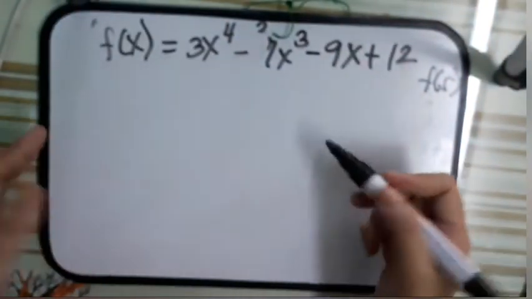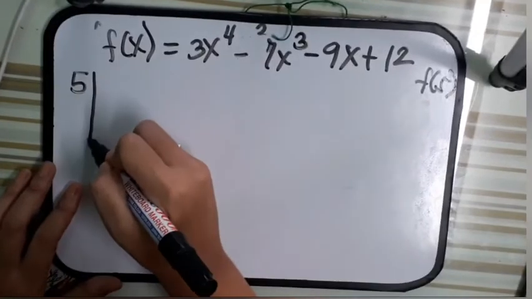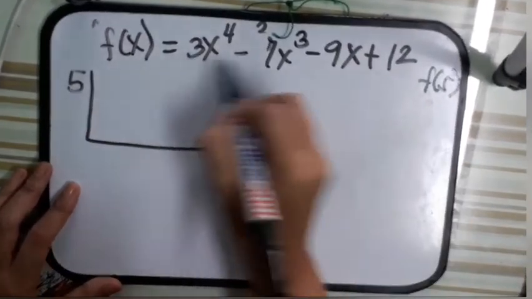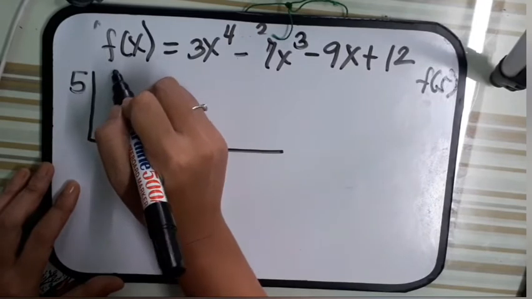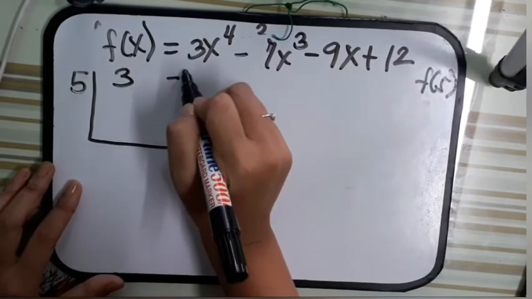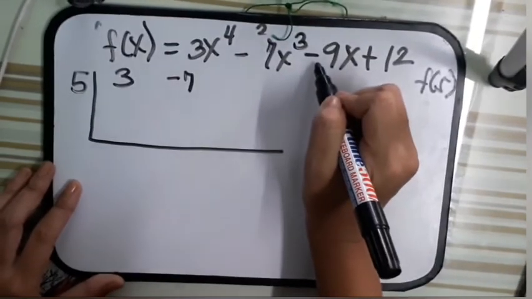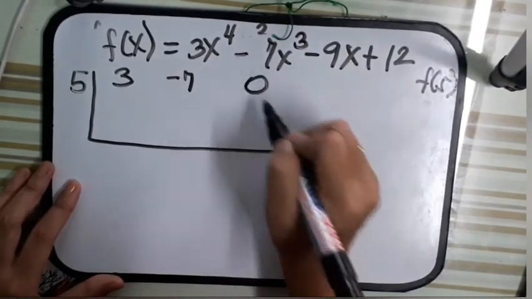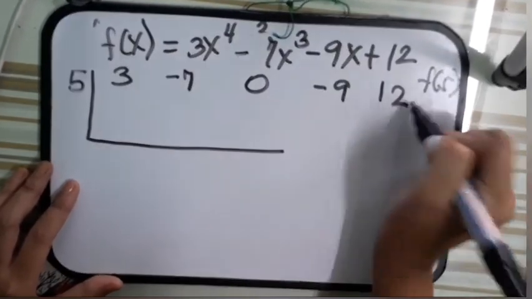I want to use synthetic division first, so I'm going to put 5 here. Then let's get the coefficients, which are 3, negative 7. As you can see, we have a missing term here, so we add 0. Then negative 9 and 12.